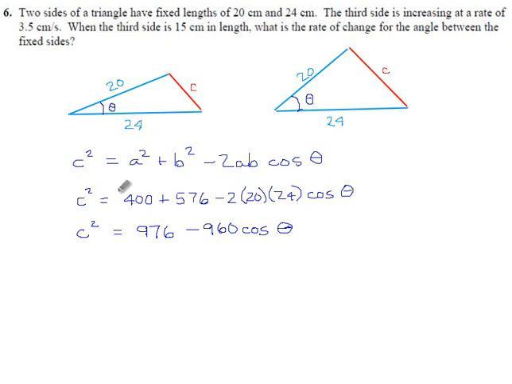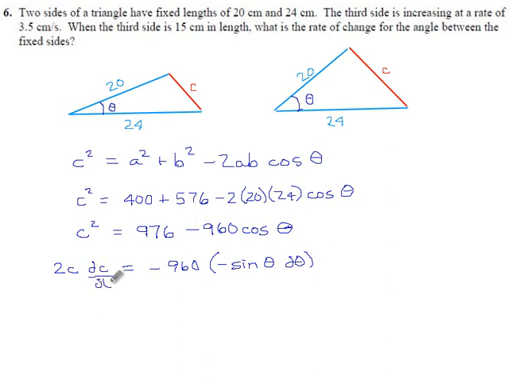Now that it's like this, we can differentiate it, and it's not too terribly bad. We get, on this side, 2c dc. The derivative of 976 is 0 because this is a constant. And then here, the derivative goes through the minus 960, and it runs into the cosine. The derivative of cosine is negative sine theta d theta.